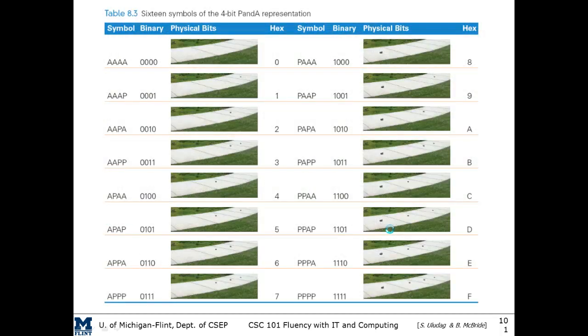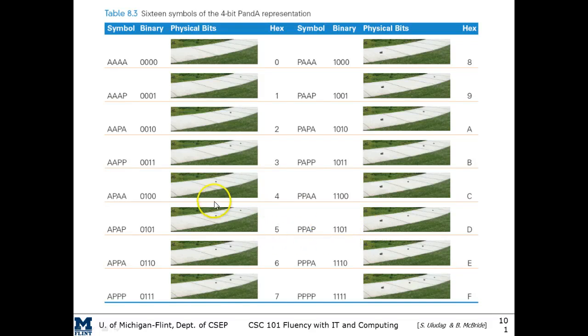Now, what can we do with something like that? Well, this table shows the analogy with a 4-bit sequence, which can be used to represent any of the 16 symbols of the hexadecimal numbering system.